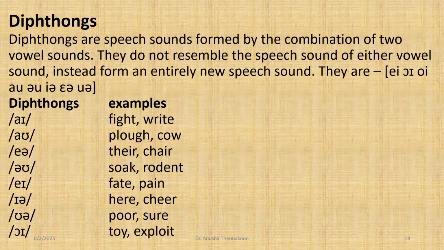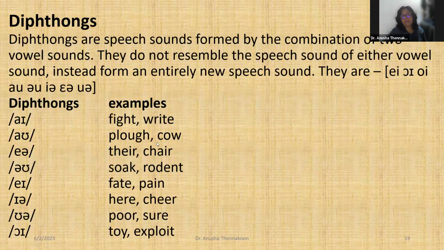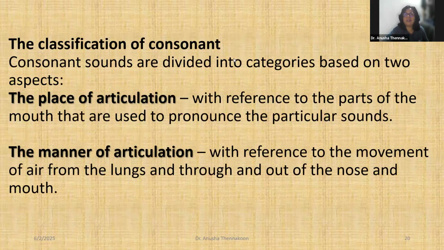Diphthongs are a combination of two vowel sounds. Yeah. It's a very good habit to write while learning. I'm not asking you to write everything, but at least some important points you can write, so you have the note with you. Now we'll go to consonant sounds.